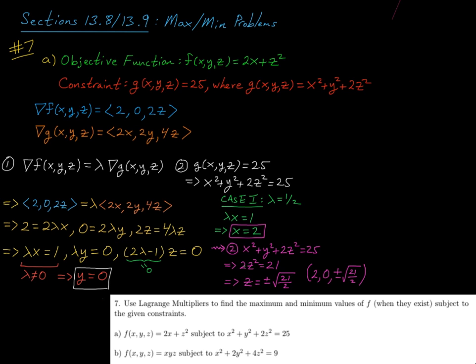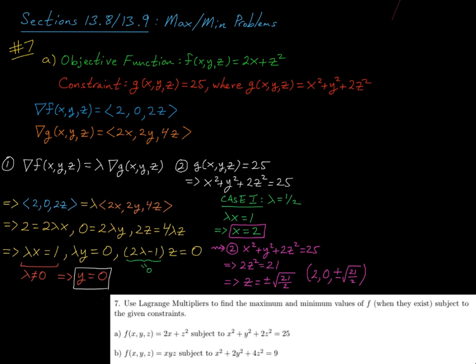I get that 2z squared is equal to 21, because I'm squaring the x there, and that gives me a 4, and I subtract that over. Now I can divide by 2 and take square roots. I get that z is equal to plus or minus the root of 21 halves. So this gives me these 2 points, 2, 0, root 21 halves, and 2, 0, negative root 21 halves.